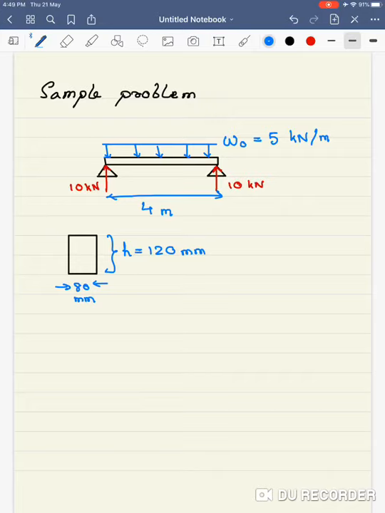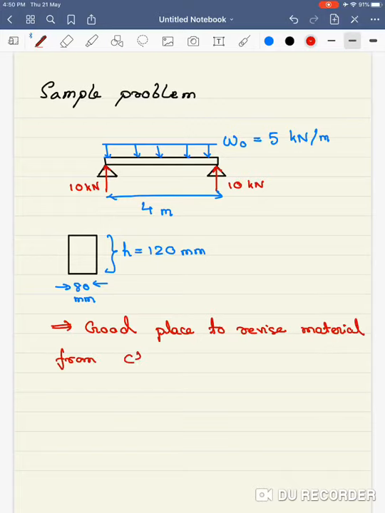Even if I haven't, at this point it's a good place to revise material from chapter 3. And this is actually a worked out problem in the book. It's given as problem 3.5 in my book. You may want to check what problem it is.